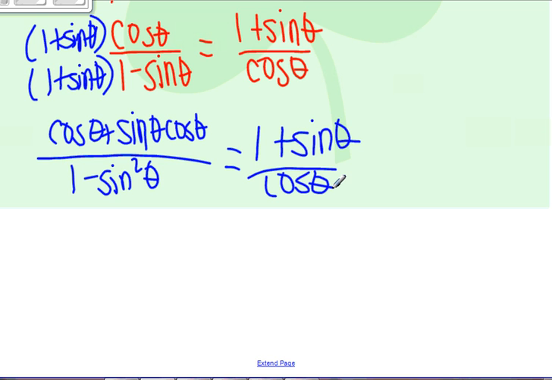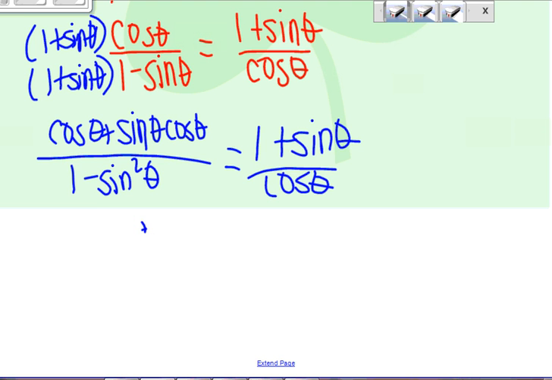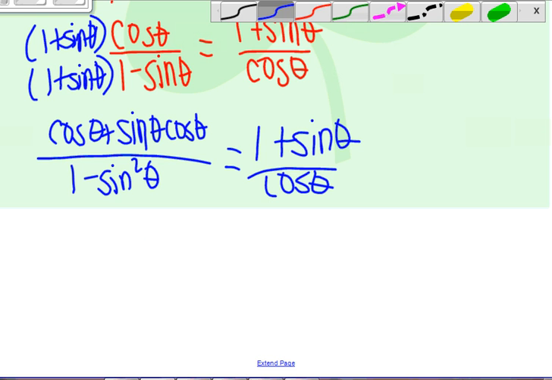All right, so the bottom, I'm seeing I can switch to cosine squared theta. Oops. So let me rewrite my top. I'm going to pull out cosine there from the top.